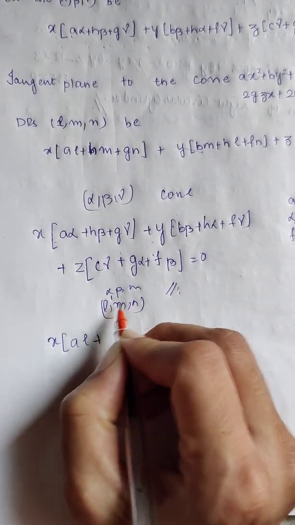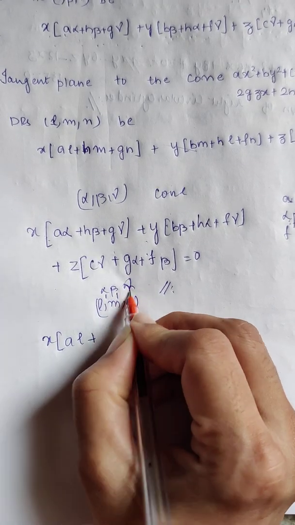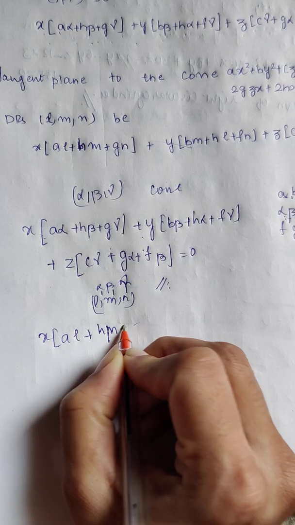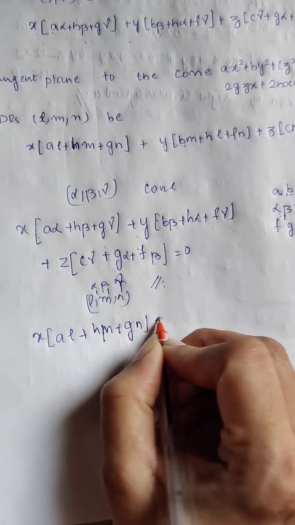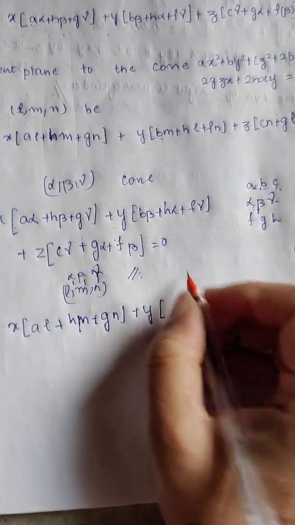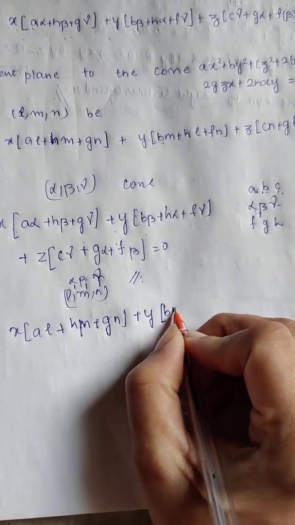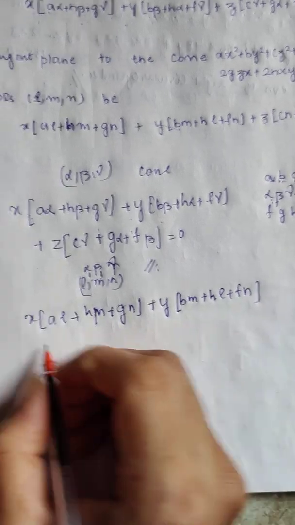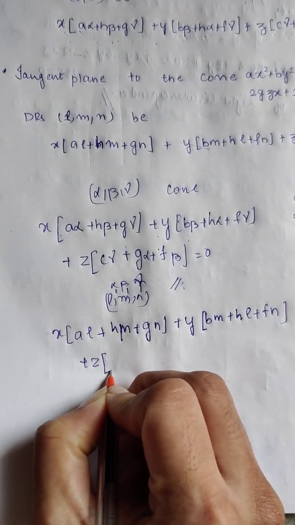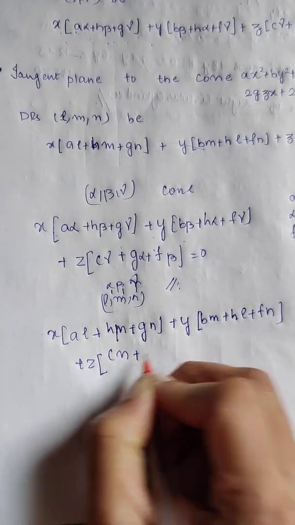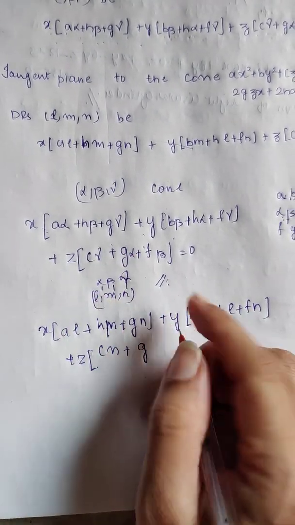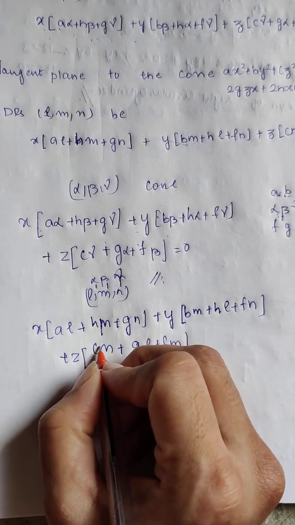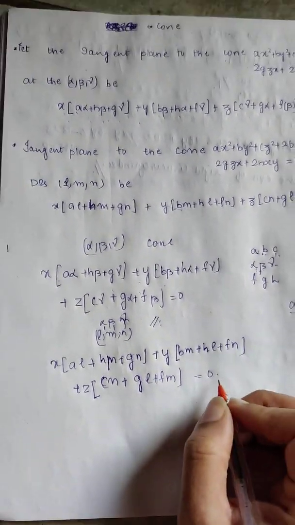So replace alpha with L, beta with M, gamma with N. So A L plus HM plus GN, plus Y into (BM plus HL plus FN), plus Z into (CN plus GL plus FM) equals to 0.